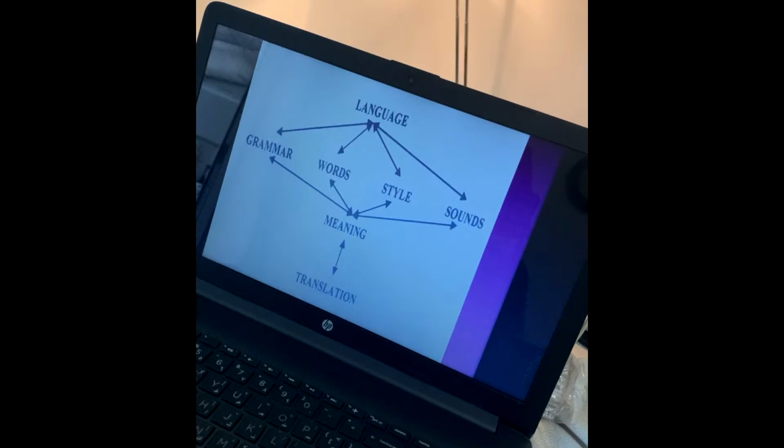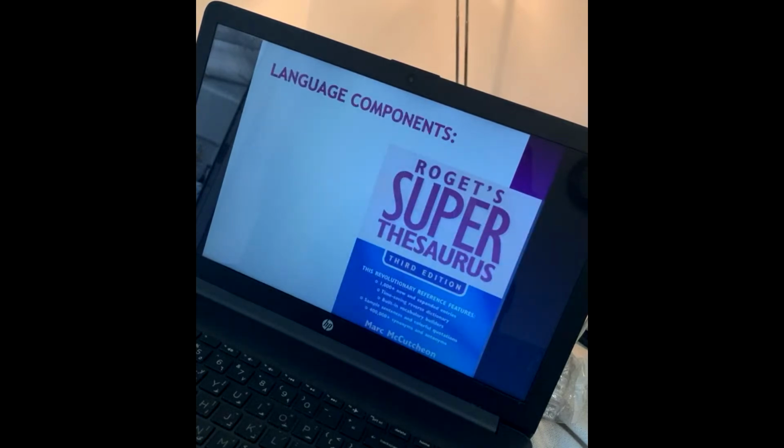Of course, those who are new translators tend to be a little bit more worried about grammar, words, style and sounds than meaning. And that's where their style becomes very awkward and it's not a very nice translation. Be more focused on meaning, especially if you are doing interpreting, because in interpreting you are focusing on the message more than you are focusing on just the grammar, style and sounds.